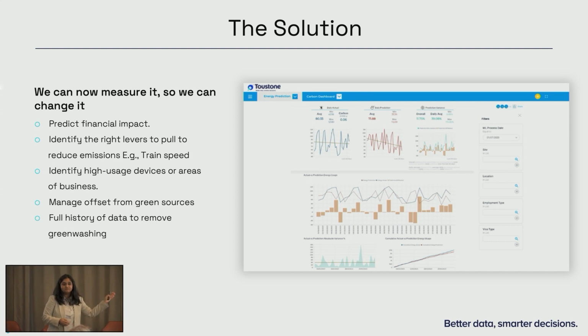You are then in a position where you can identify the levers, what part of your business is using the most amount of energy and what part isn't. And then you can implement strategies to actually reduce the amount of energy consumption. And of course, then you have the opportunity to change to a more sustainable option.